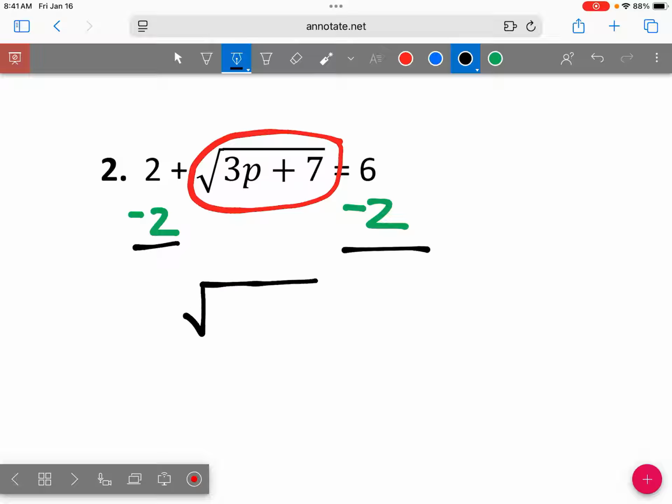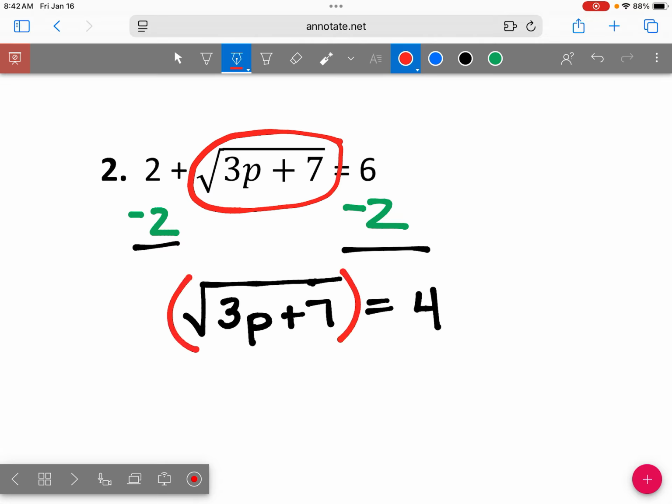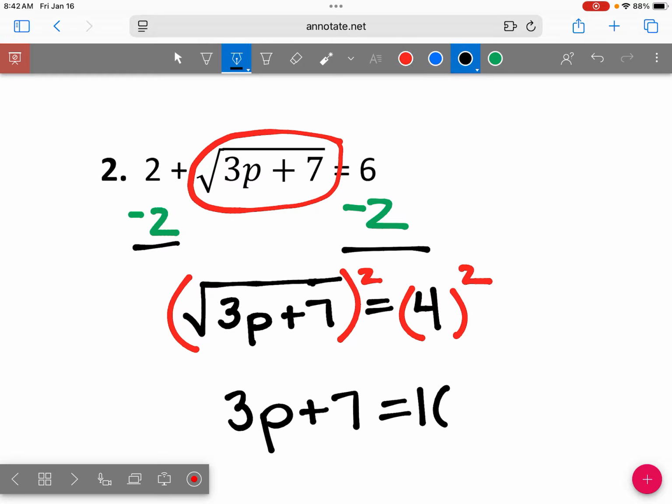So that's the square root of 3p plus 7, and 6 minus 2 is 4. Now you can raise the roof, and that will give you 3p plus 7 equals 16. All right, leave that on the stove. Come back to it and finish it later. Now let's skip 3.